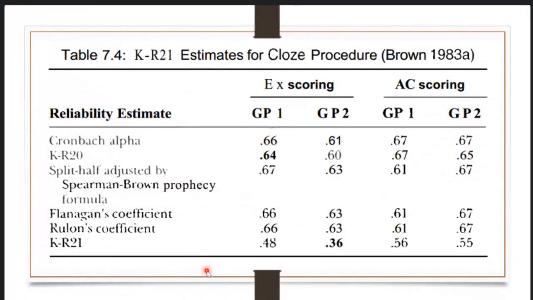And please take a look at this table. We have several approaches here. And you can see that KR21 gives the reliability coefficient for the closed procedure test. It's just 0.26.